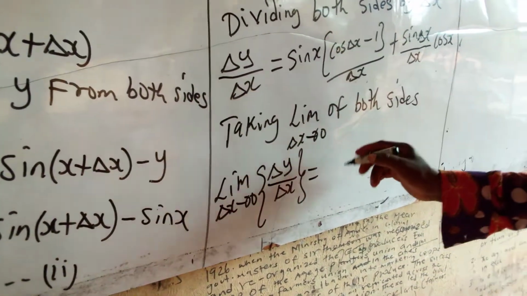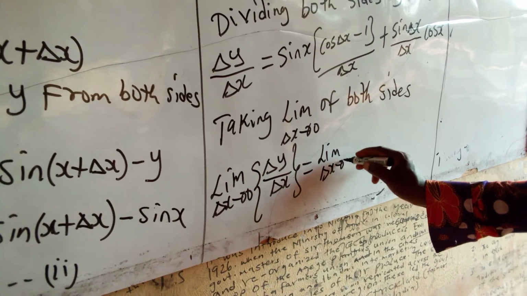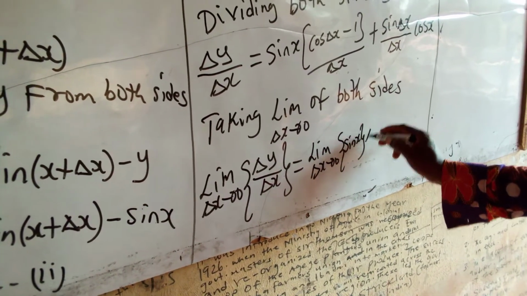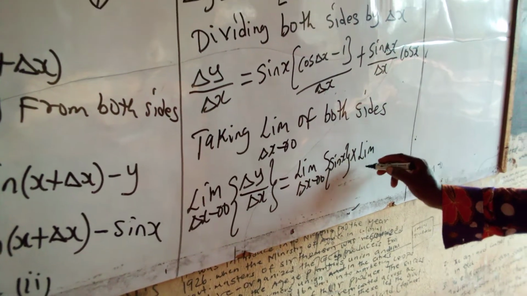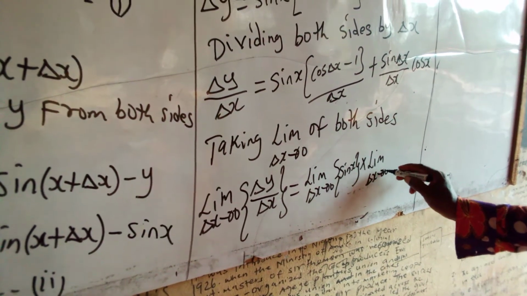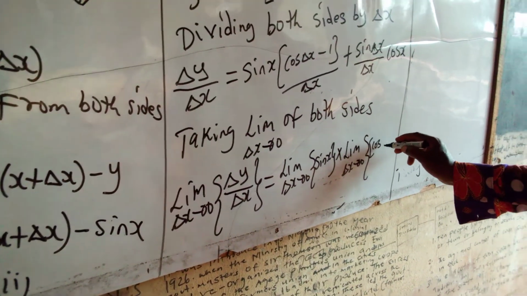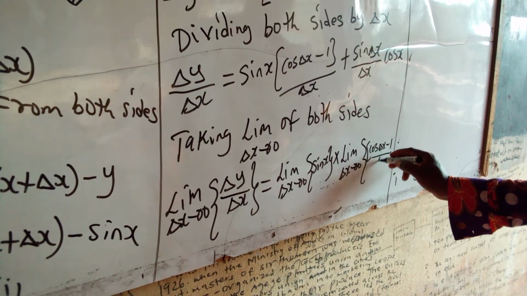So if you come here now, you have the limit as changing s tends to 0 of sine s, times the limit as changing s tends to 0 of the whole of this, cos changing s minus 1 all over changing s.